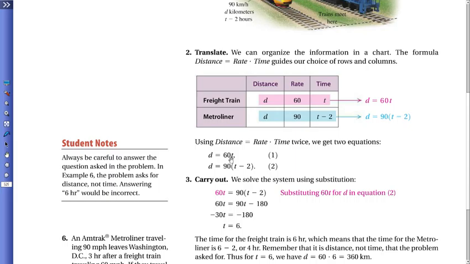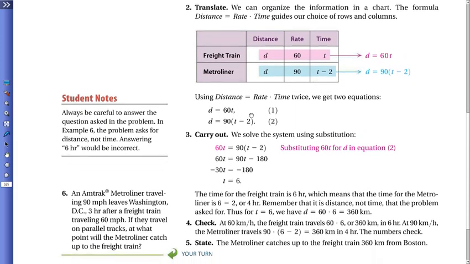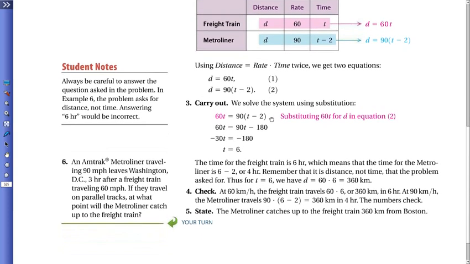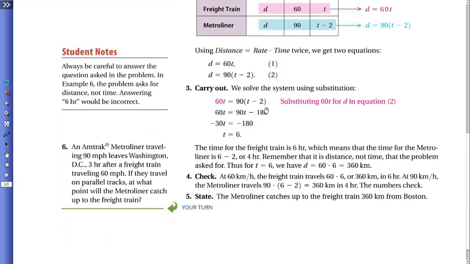They just have different rates and a different time model. So the way they say it here is I can take the 60t and substitute it in for d here, and 60t equals 90 times the quantity t minus 2. And this is an equation with one variable.